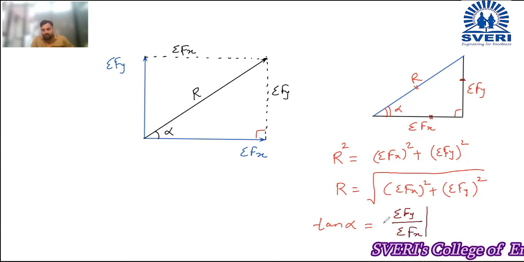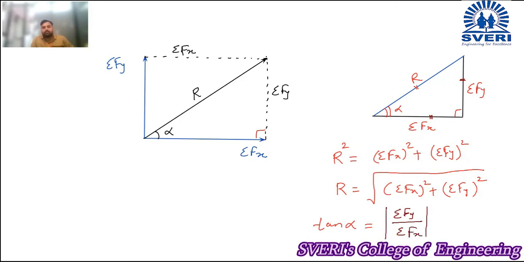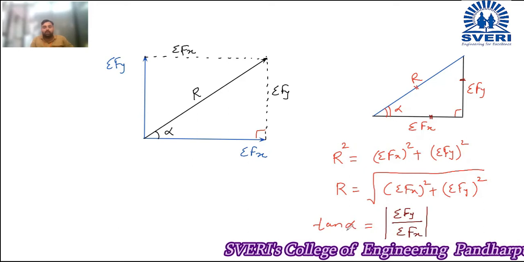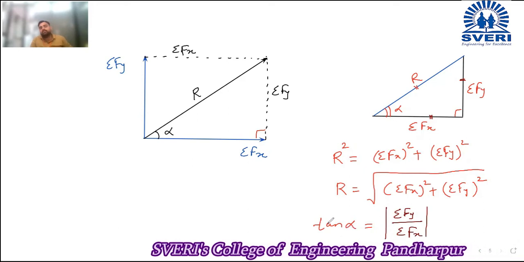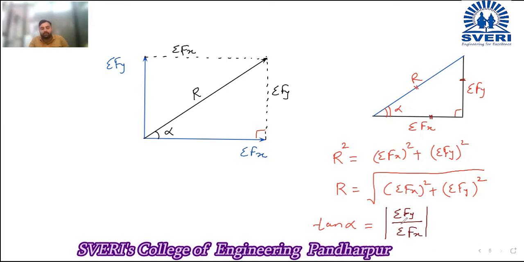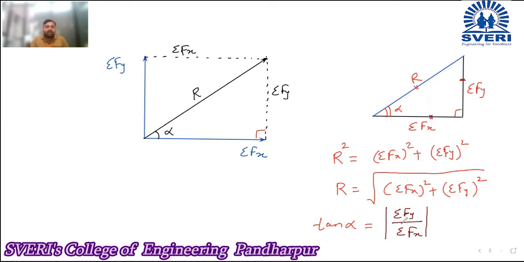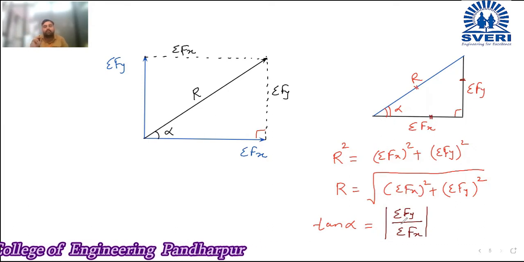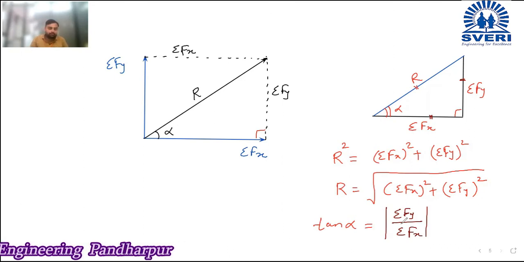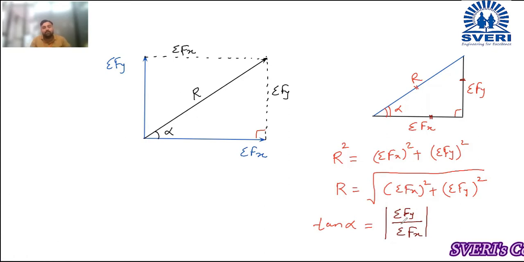We just take the mod over here. To calculate alpha, we send this tan to the other side, so it becomes tan inverse. Once you calculate the tan inverse of this quantity, you will get the direction. In this way, we are going to calculate it for any number of forces.